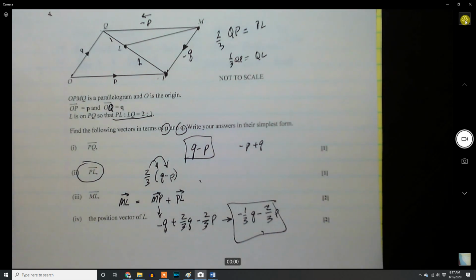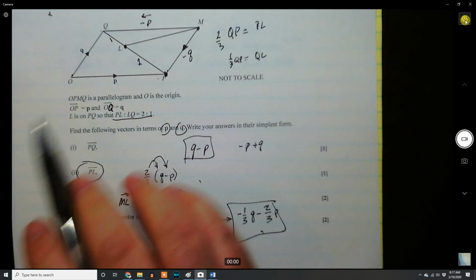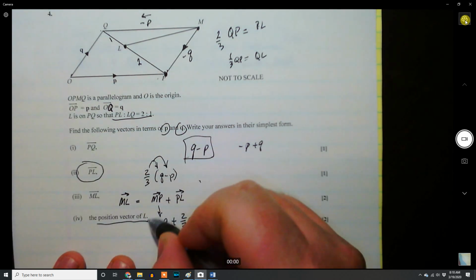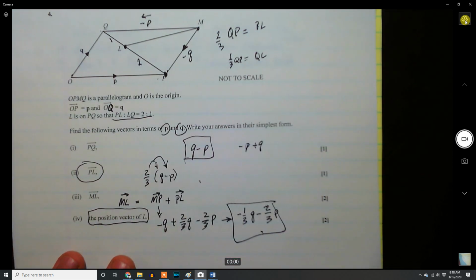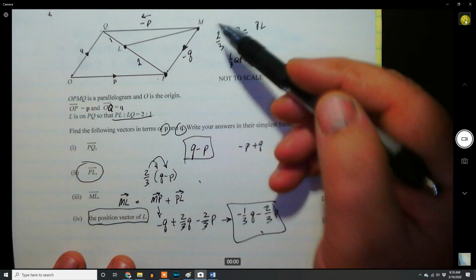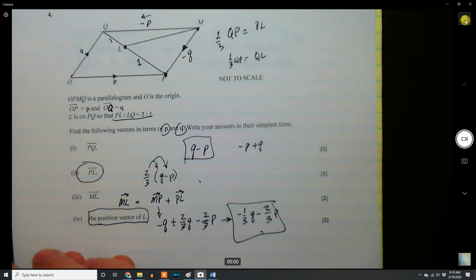All right, now last one, position vector of L. We have to write that in terms of P and Q, you see? So a position vector is the vector from the origin. So from here to L. Well, I think if we did that just like we considered how to get from M to L, because we know how to go from P to L, so let's just use that.